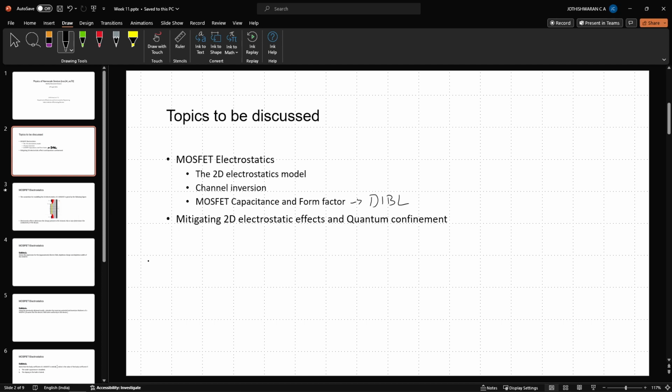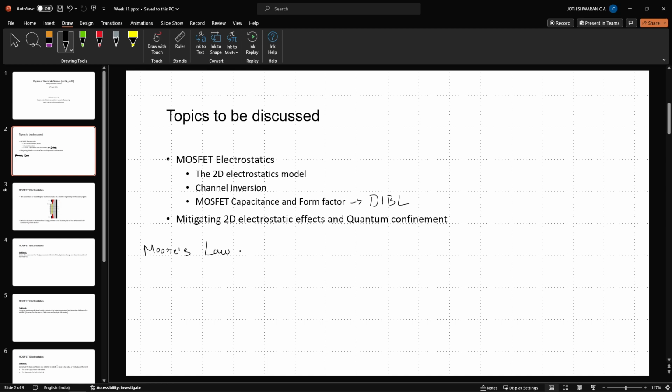Before I begin in earnest, a brief digression. We have known so far that in the beginning of our course, we started with a very brief look at Moore's law, where Moore's law essentially says that every few years the transistor count per unit area is going to keep increasing.